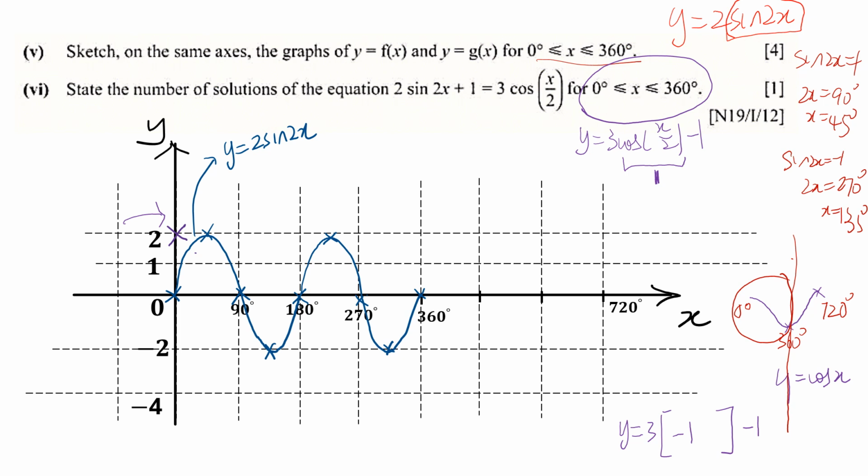That happens when my x over 2 is at 180 degrees, because cosine 180 is -1. But now I'm having x over 2, so I need my x to be 360 degrees. So the second point is at (360, -4).